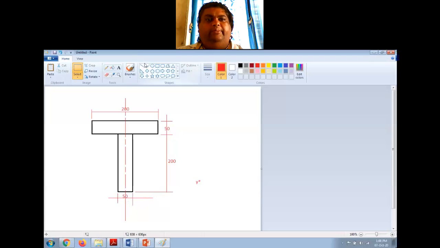Okay. Now I'm assuming the location of center of gravity somewhere here. It will not be exactly at the center. It will be slightly above the center of this. So this is my neutral axis.